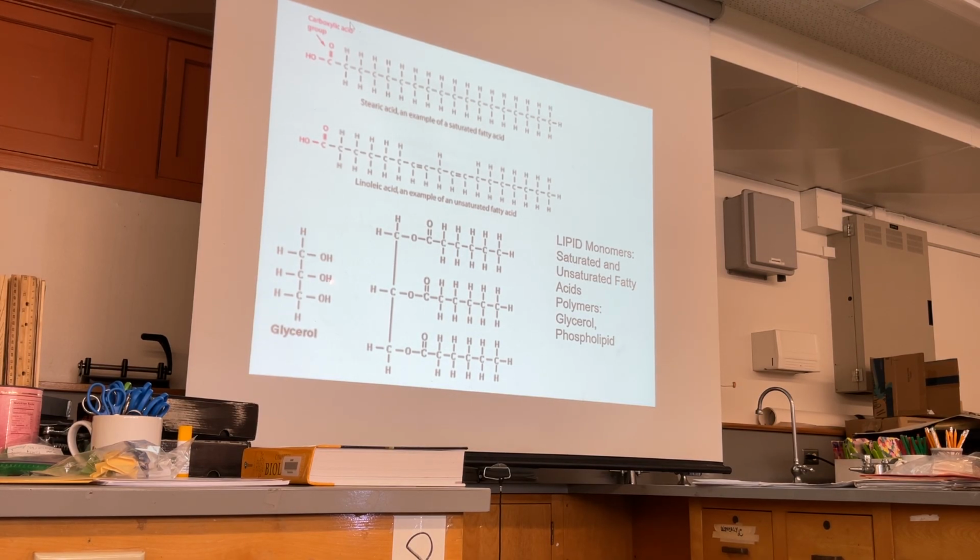Same with this one, and another one, and then it connected. Same with that last carbon. It had a hydrogen come off and an OH come off, and then it connected. And so this is known as a triglyceride, which is a fat. So you store fat this way.